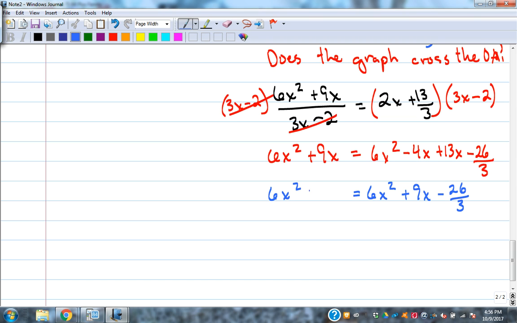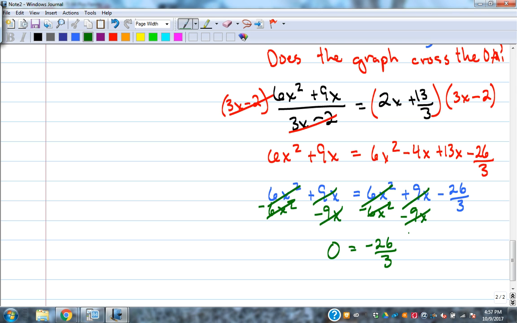I got 6x squared plus 9x on that side. So if I subtract 6x squared, what happens to it? Cancels on both sides. If I subtract 9x, what happens to it? Cancels on both sides. That leaves me 0 on that side. And what on the other side? Negative 26 over 3.